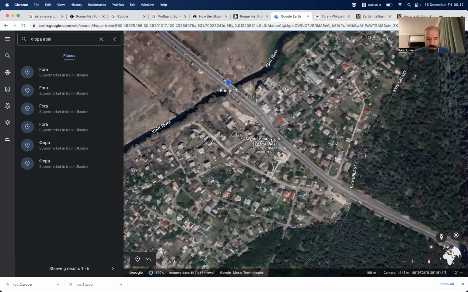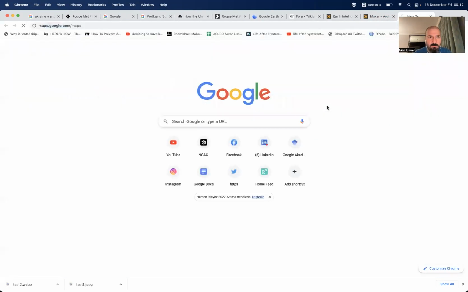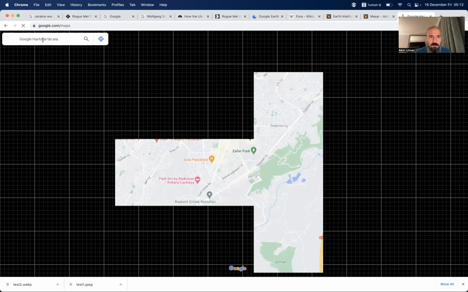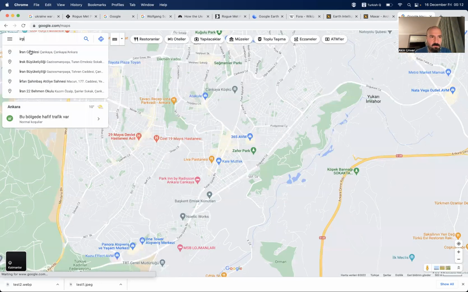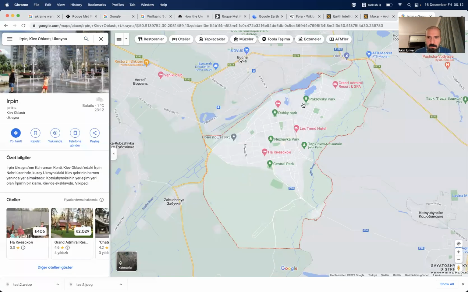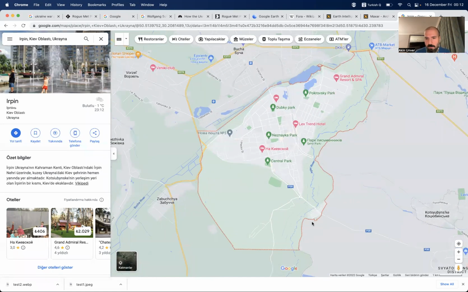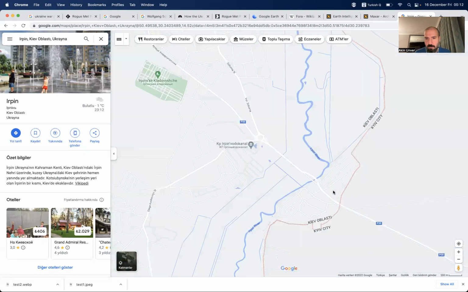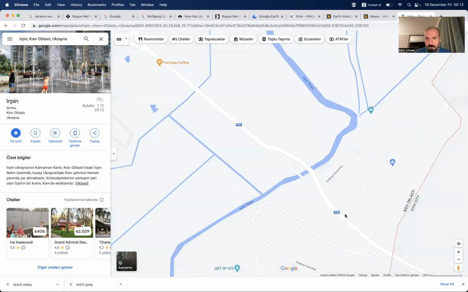In order to get the street name, it's actually better to go to maps directly and do Irpin, Kiev Oblast. And again, in order to orient you, we are looking for the river, and we are looking for the third bridge that we looked at here.